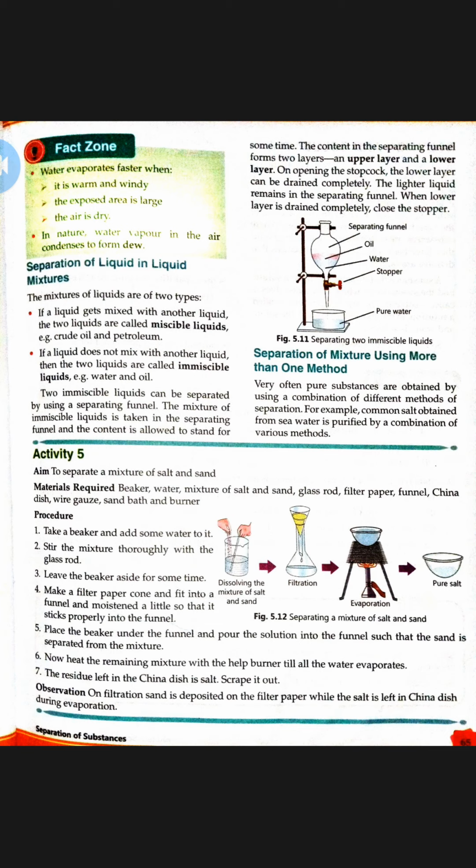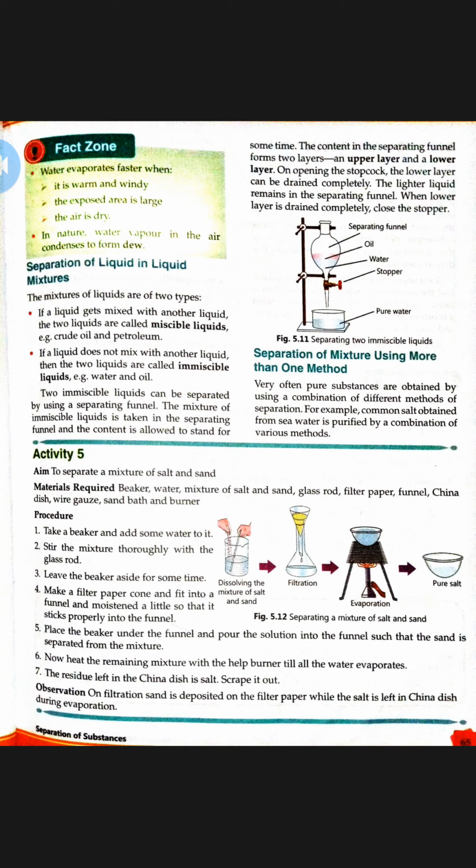You must have seen that if we try to mix water and oil, then oil keeps on floating above the water. Two immiscible liquids can be separated by using a separating funnel. How can we separate them?